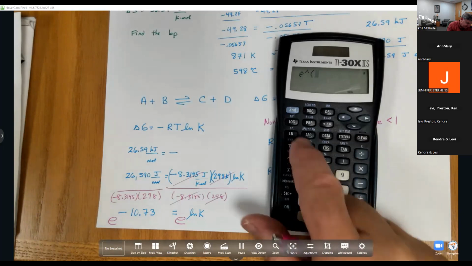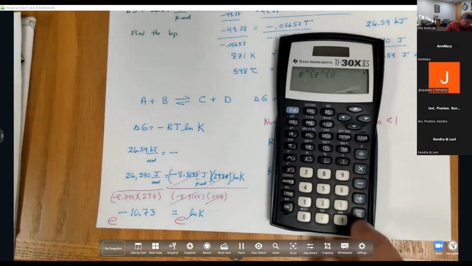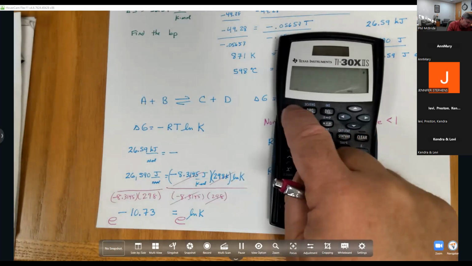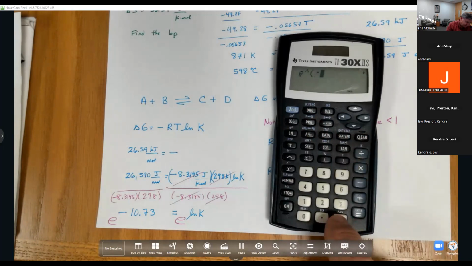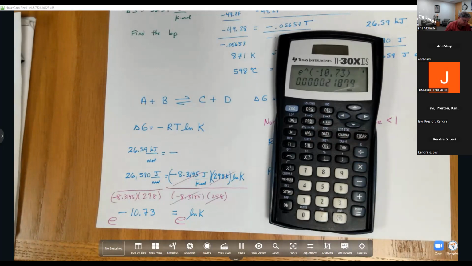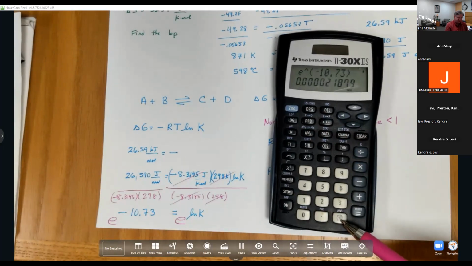Let's see. Try this negative sign. So I can't use the minus sign here; I have to use the negative sign.